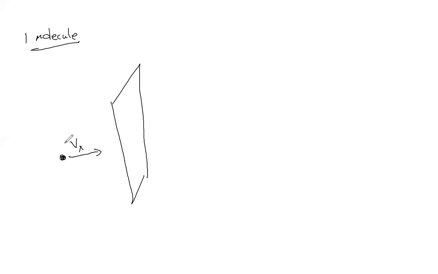The longitudinal components, the other y and z components, play no role in this discussion for right now anyway. When this molecule comes in, it hits the wall at some point. Let me mark that point right here. That's my collision point, and then it's going to reflect.